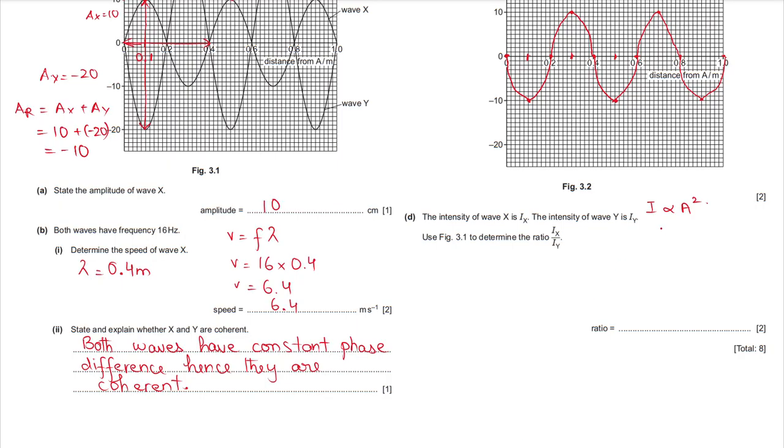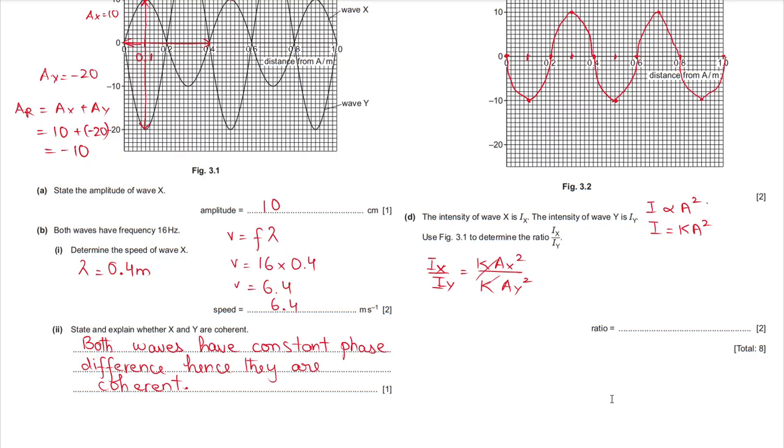So since they are directly proportional, proportionality का साइन खत्म करके if I add a constant k, तो Ix over Iy can be written as k times amplitude of X squared over k times amplitude of Y squared. k वैसे कैंसिल आउट हो गया.